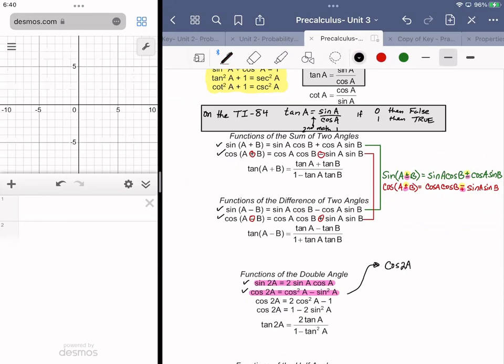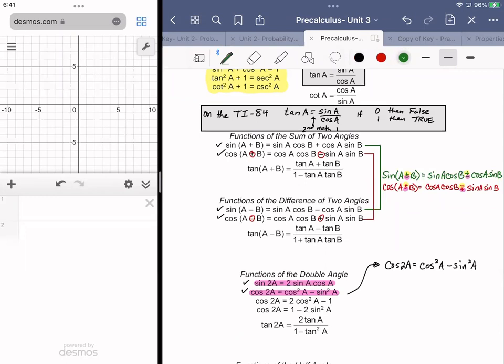Cosine 2A is equal to cosine squared A minus sine squared A. We don't all have instant recall, but we know it, as in we wrote it down somewhere. It's been taught. Maybe you don't remember it quite yet, but you will if you work at it.